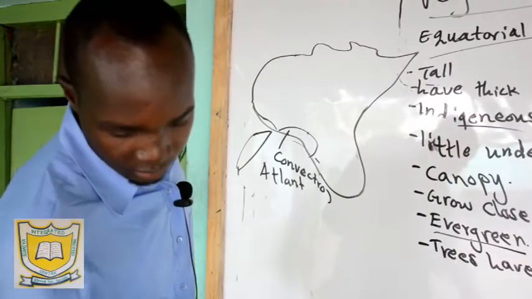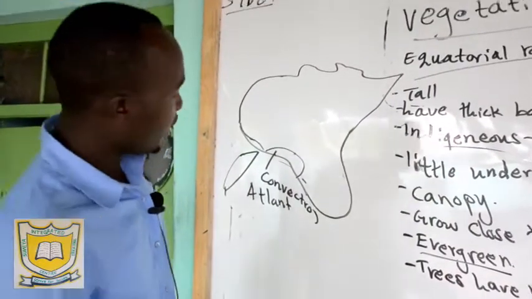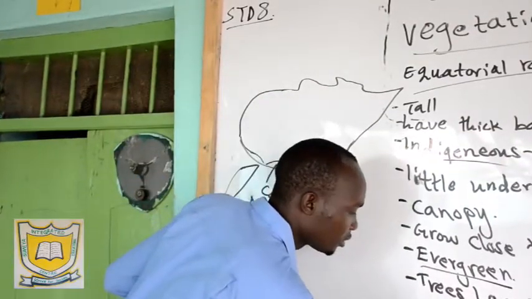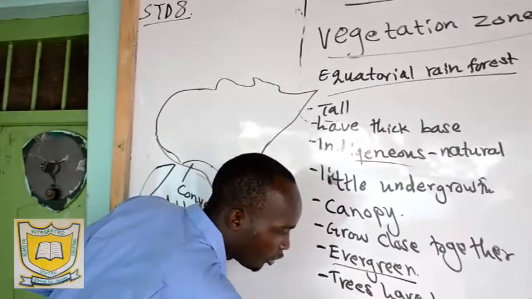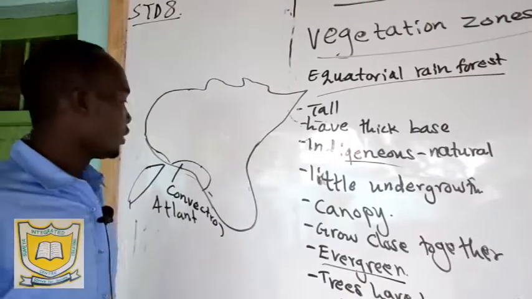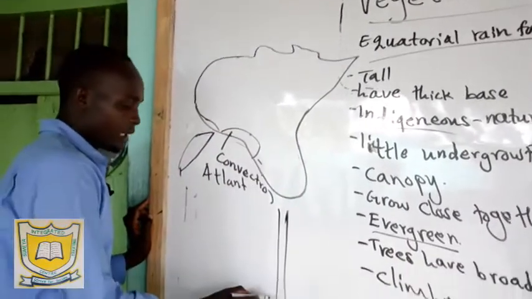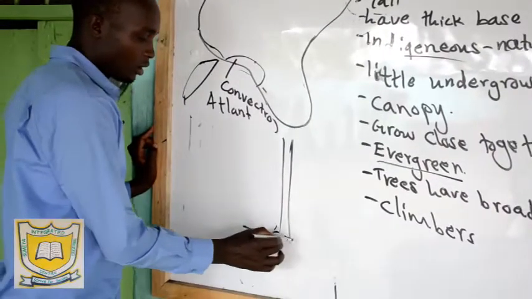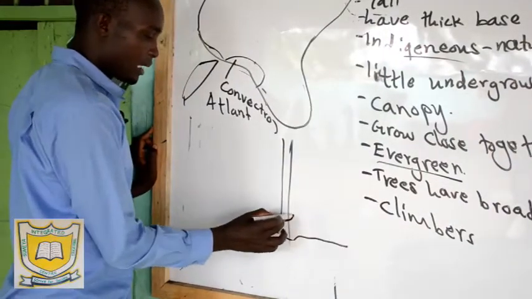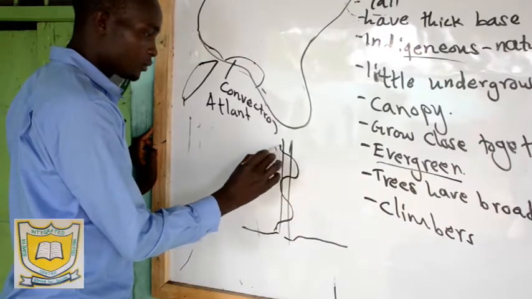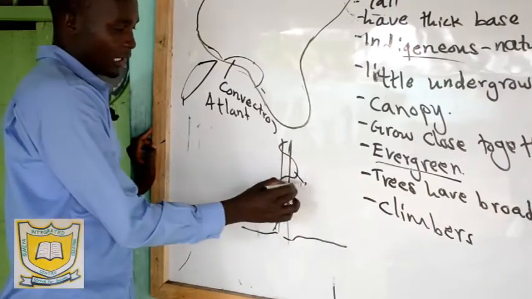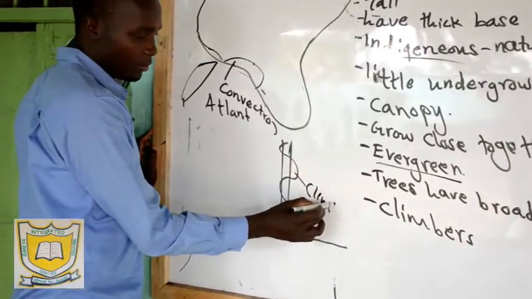And then another one, we have also climbers or twining plants. So for example, this is our trees in this forest. So you'll find that we have also some plants like this. These are what you call the climbers or twining plants.